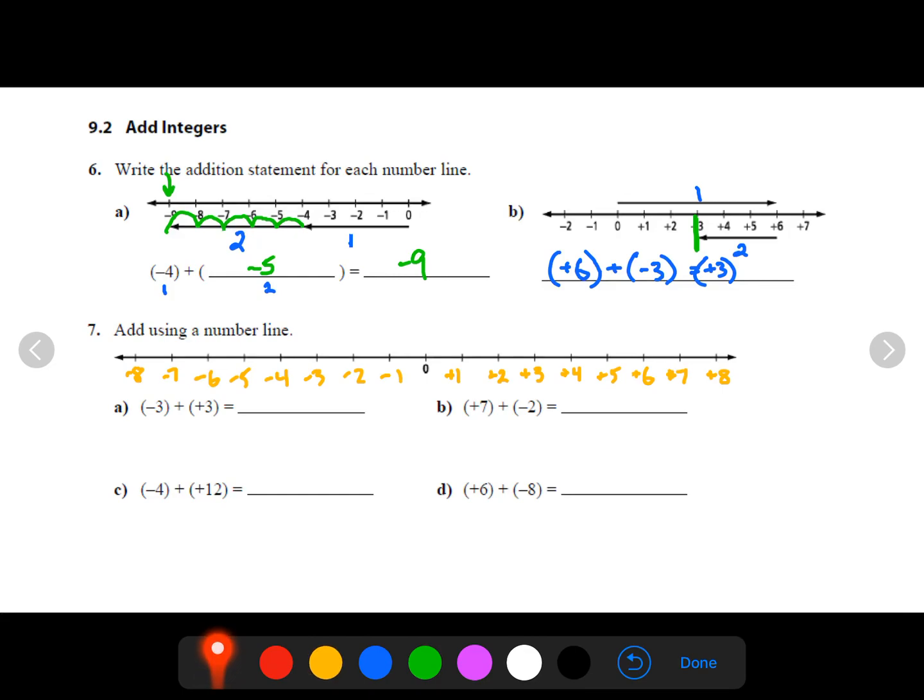All right, so now -3 is our first number, so we start here on -3, and then we're adding 3. So 1, 2, 3, and we land right there on 0. Part B, we start at +7 right here, and now we're adding -2. So 1, 2, we're landing on +5.